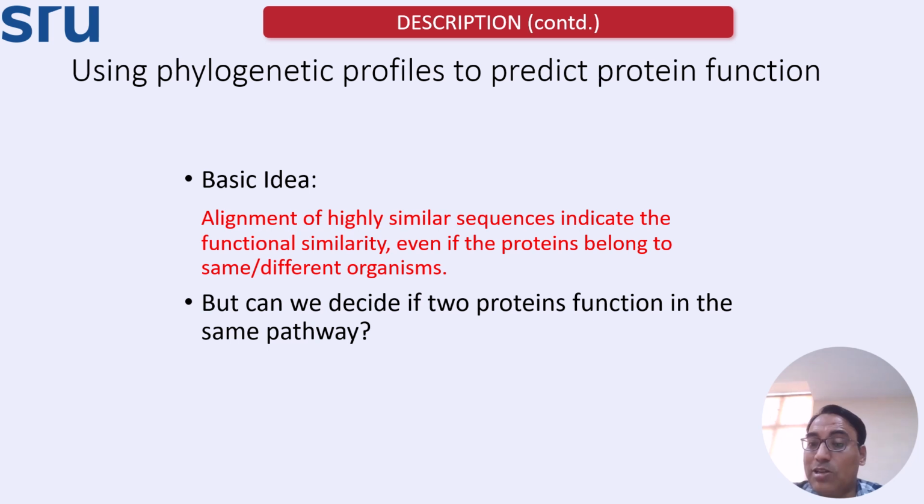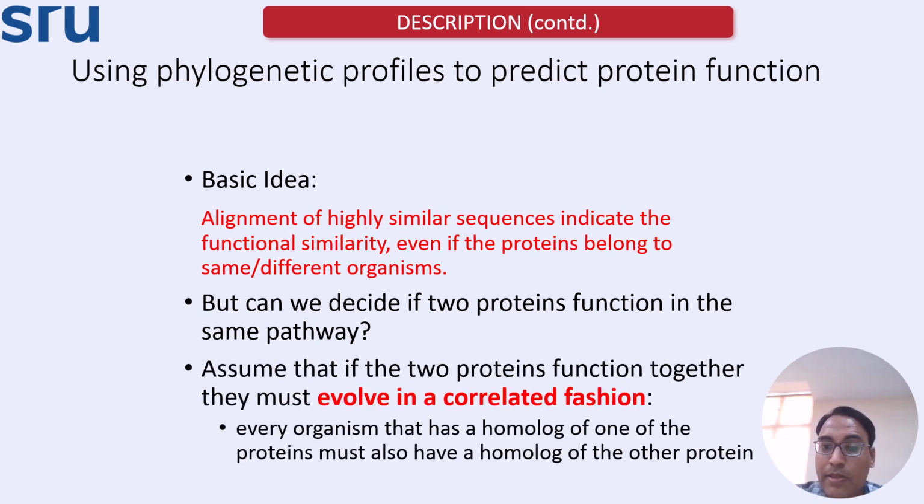Such proteins are termed co-evolving proteins. Their evolution has always been in a correlated fashion. In co-evolving protein pairs, if a mutation comes up in one protein, a compensatory mutation turns up in the other protein, so that their function does not get disturbed.